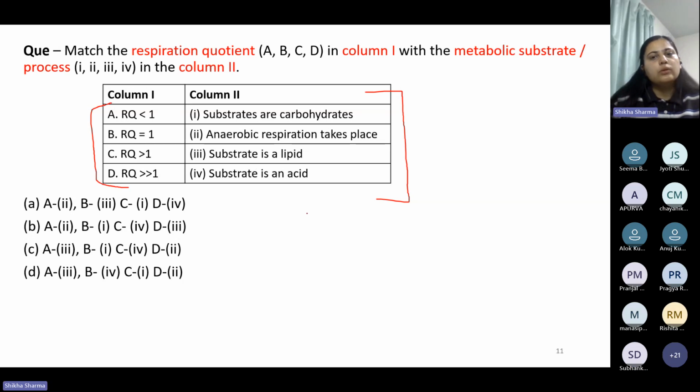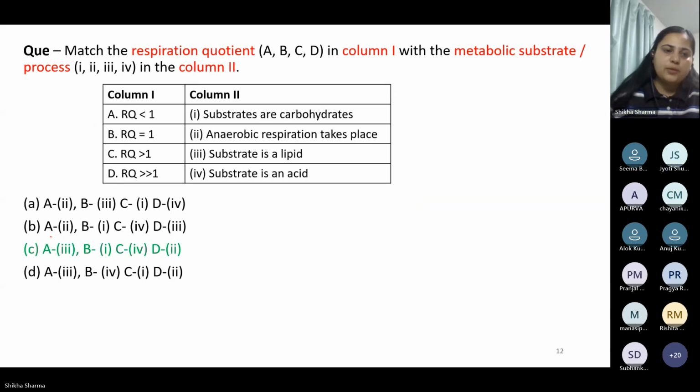So would anyone like to share their opinion on this question? Option C. So we got one as C. Option C, ma'am. Yes. So is everyone agreeing to option C? Yes, ma'am. Okay, so yes, all of you are correct.